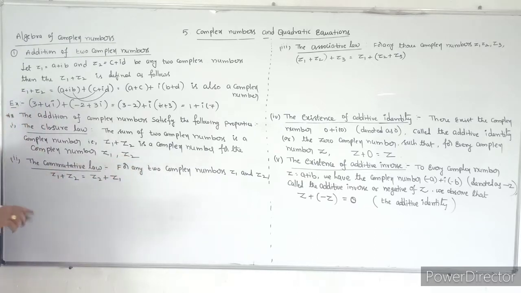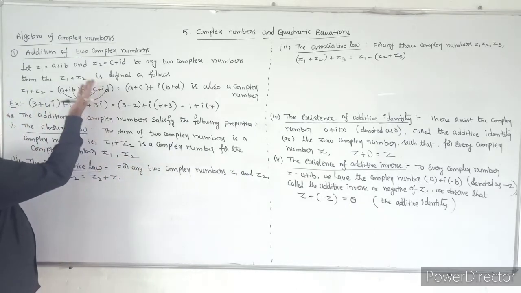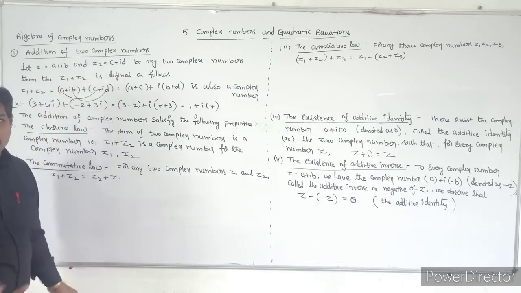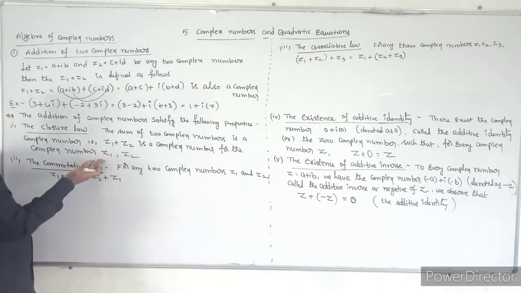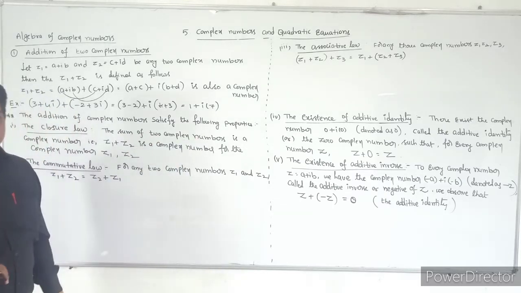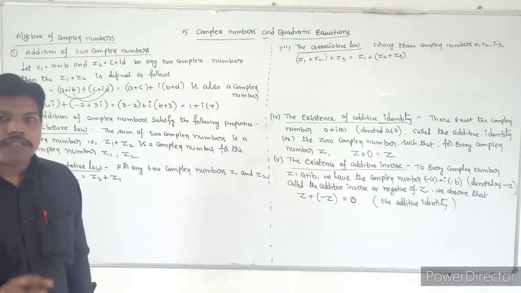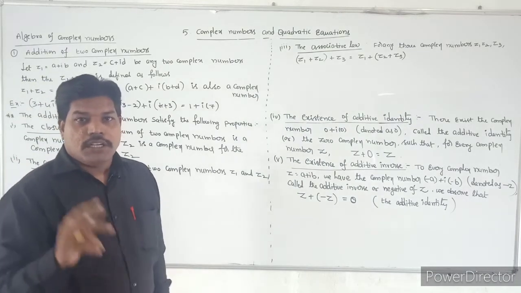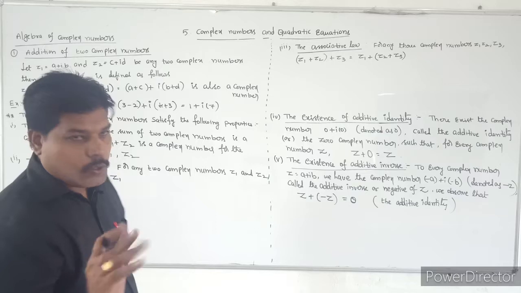If Z1, Z2 are two complex numbers, we have already proved here that Z1 plus Z2 is also a complex number. So we are saying that the sum of two complex numbers is a complex number. This property is called the closure law.